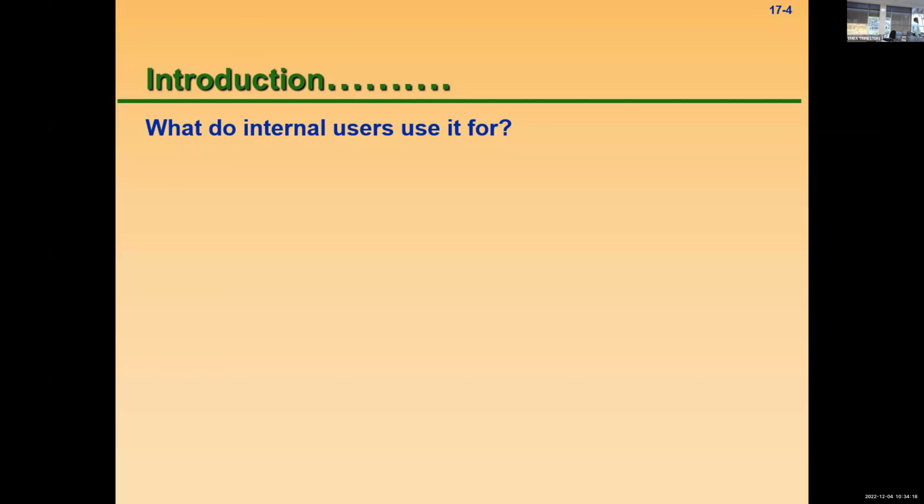What is the use of accounting data for internal users? Who are internal users? First of all, employees, management. Why do they need accounting data? To know about their financial position, their profitability, their performance, their efficiency. Likewise, the external users.